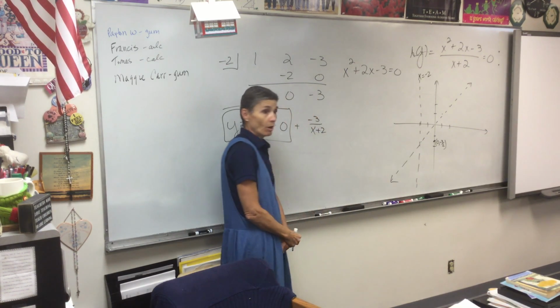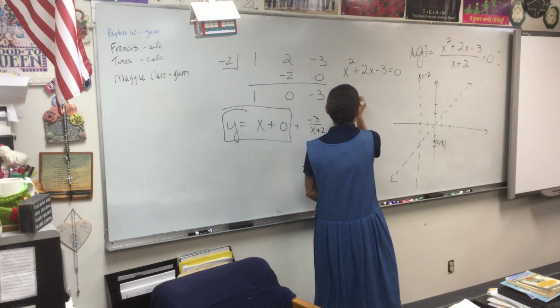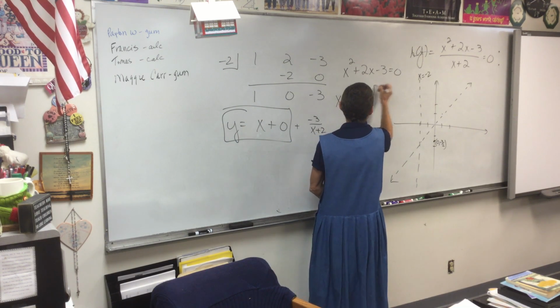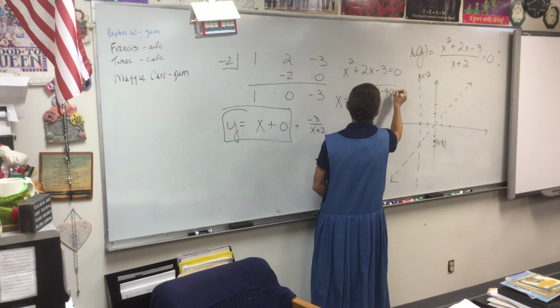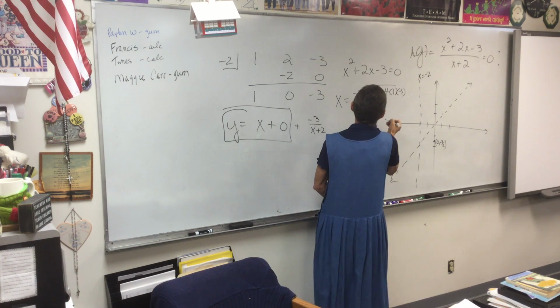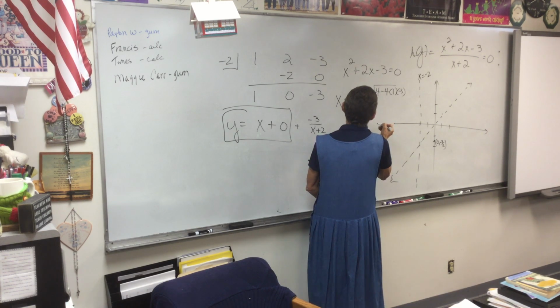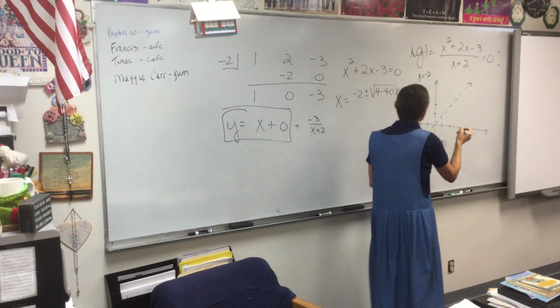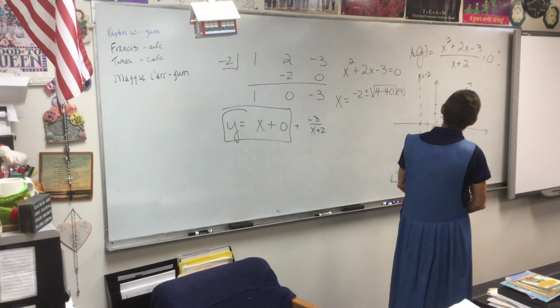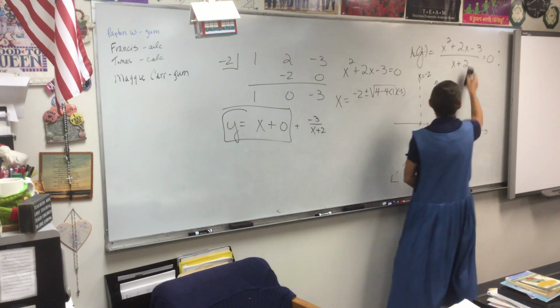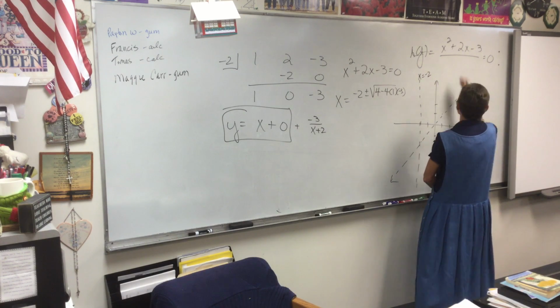You already told me it doesn't factor, so negative b plus or minus the square root of b squared minus 4ac. Wait a minute. It does look like it does factor. Oh, it does factor. So why wouldn't it? x plus 3, x minus 1. Oh, good news.